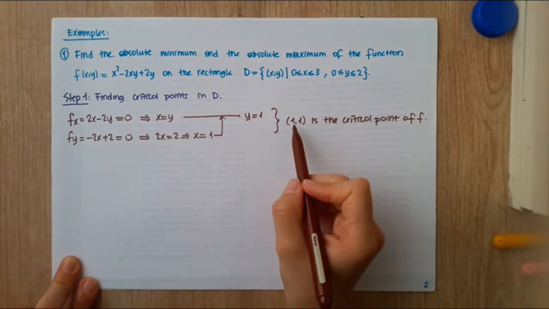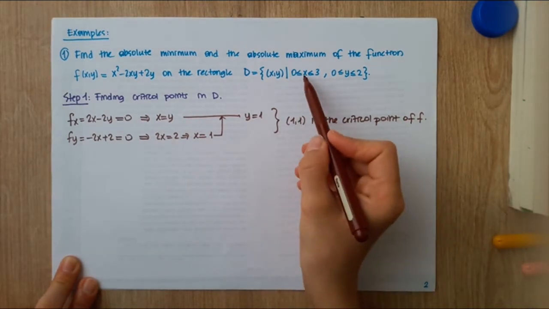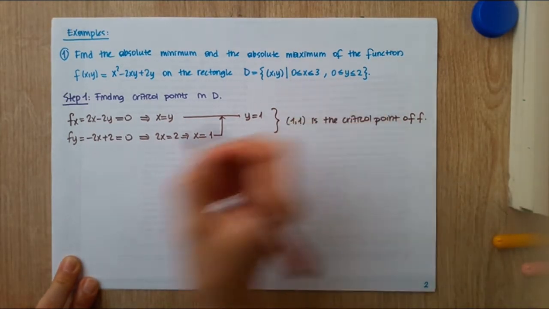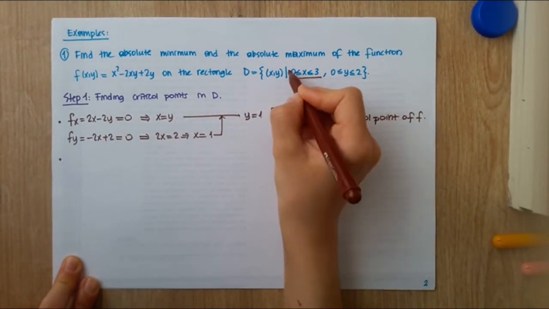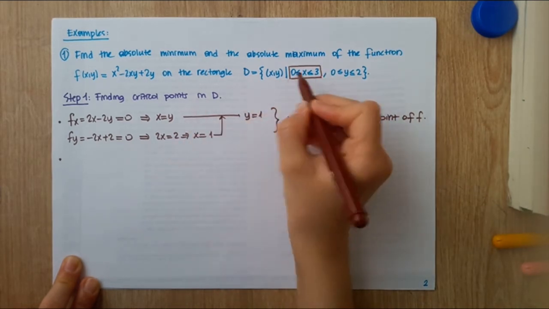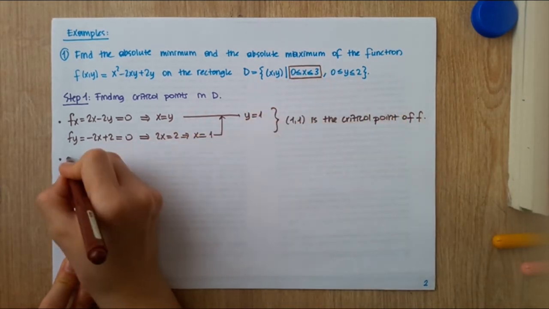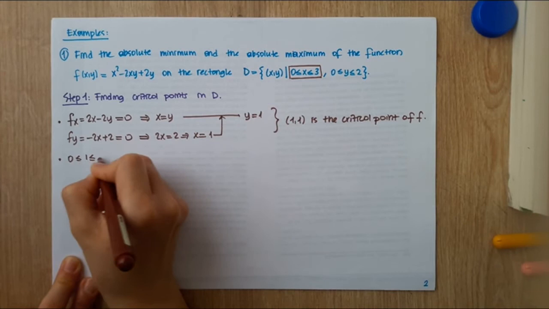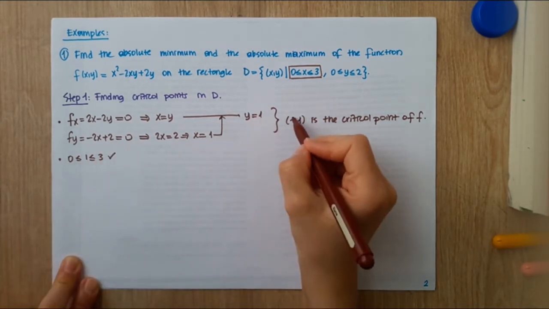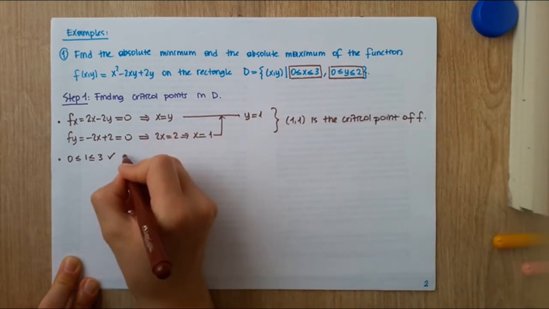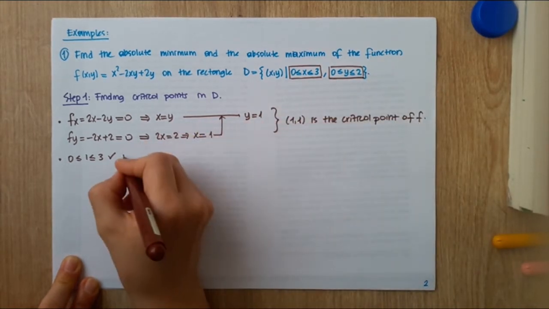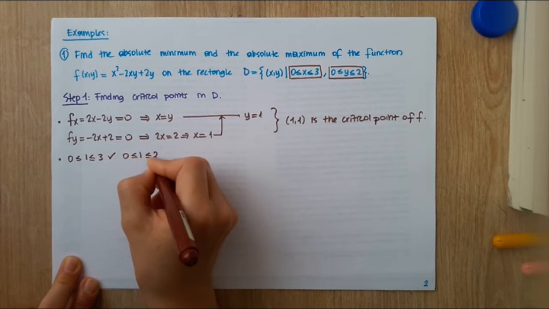And I have to check whether or not this point is in the given region. As you can see, this region contains x's between 0 and 3, and 0 is less than or equal to 1, and 1 is less than or equal to 3. Okay, this is satisfied. And also y's between 0 and 2. Because y is 1 here, 0 is less than or equal to 1, and it is less than or equal to 2.